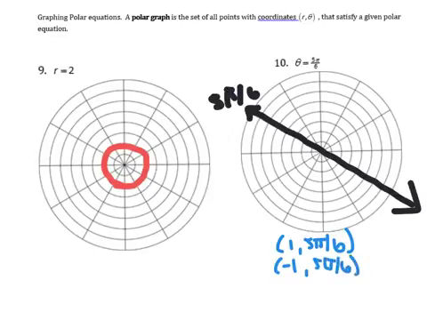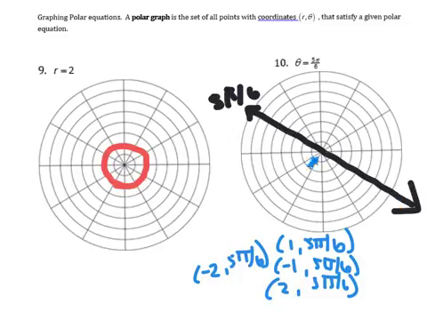I could have it at 2, 5 pi over 6. I could have it at negative 2, 5 pi over 6. So that's why with the 5 pi over 6, it is all of this along here. Even though this down here is 11 pi over 6, remember when we write it with a negative, it's negative 2 comma 5 pi over 6. So whether this is positive or negative, that whole entire line gives me an angle of 5 pi over 6.